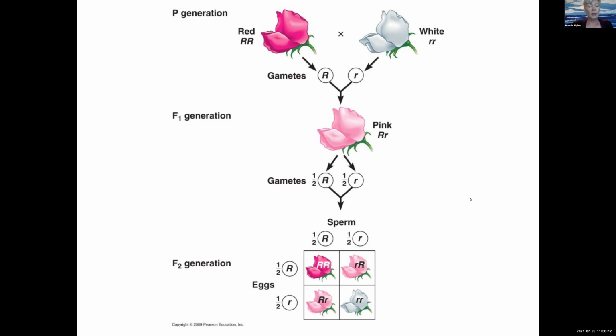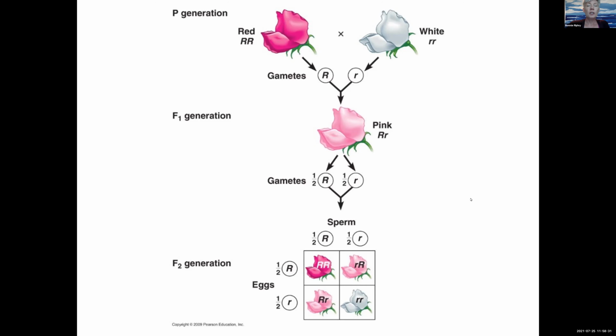The big R individual can only make big R gametes. The little r individual can only make little r gametes. So if we cross together the red flowered and the white flowered, in this example, we get all pink flowered plants.